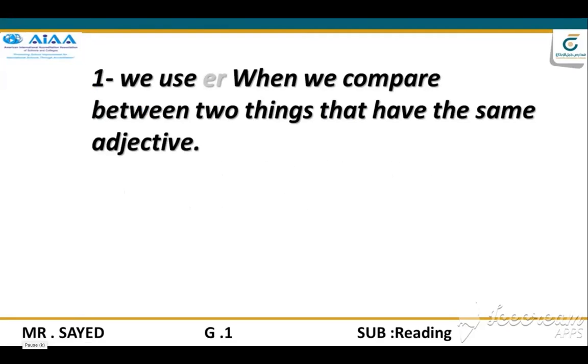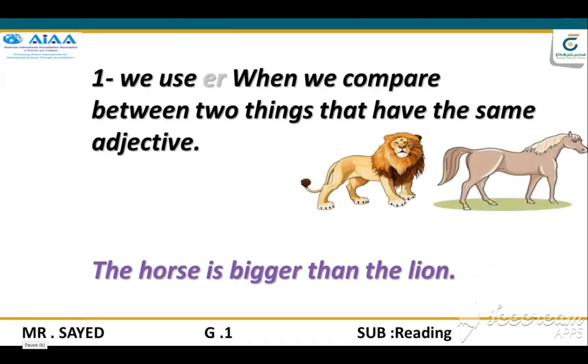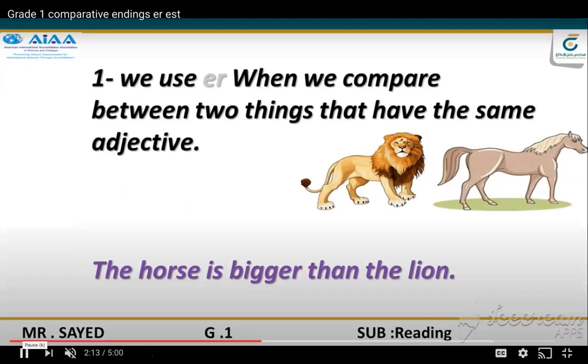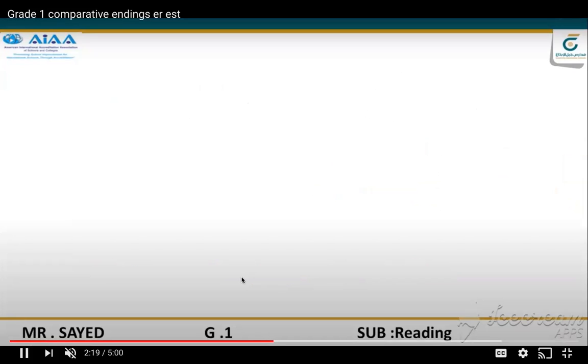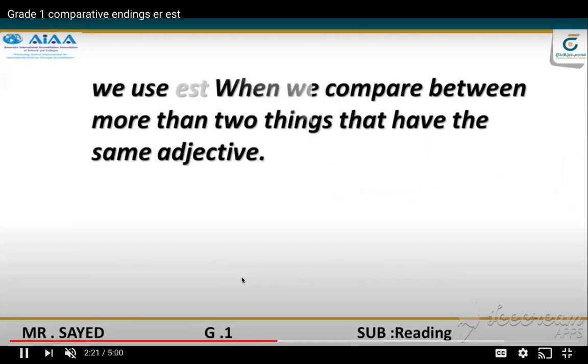So remember, an adjective is a word that describes. So when we're using the same adjective, we can use ER, such as the horse is bigger than the lion. That is true. The horse is bigger. So here we have the word bigger. The root word or base word would be big. We double that G since it's a CVC word and add ER.